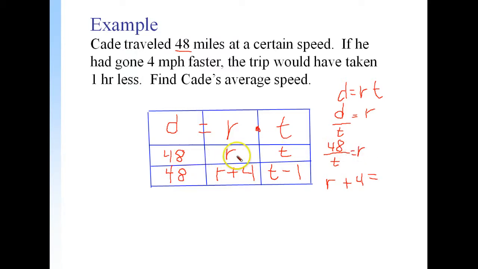Here the rate is distance divided by time. There's our distance divided by time. So our rate here, even though it's r plus 4, is going to be distance over time. Now our time here is going to be t minus 1.